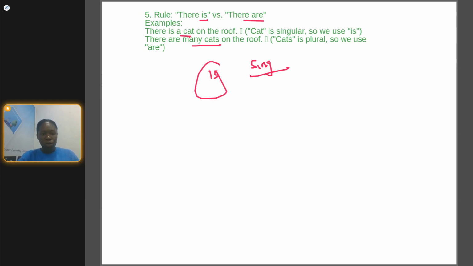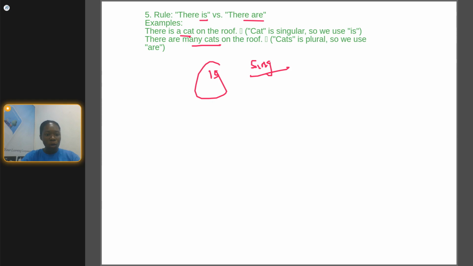Okay, then we move to rule 6, and rule 6 talks about words that are always singular, no matter how they appear. I'm going to have that on the board as well so you can see.